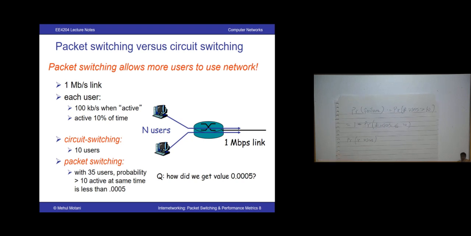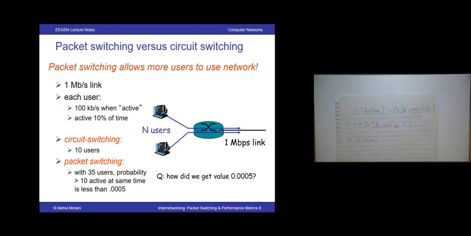Now, assuming these users are independent, what's the probability that there are k users? Do you know? You were shaking your head, so I'll ask you. No, 35 is the total number of users. And I want to know the probability that k users are active.